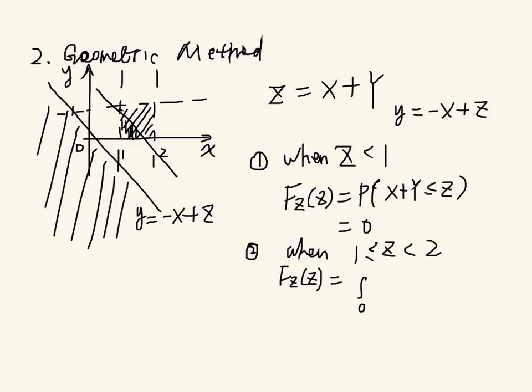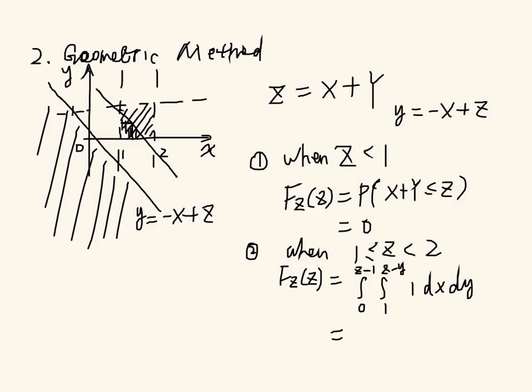Y is equal to, x is equal to 1, and y is equal to z minus 1. Y is from 0 to z minus 1, and x is from 1 to this point. This point is z minus y. The integrand is equal to 1 dx dy.